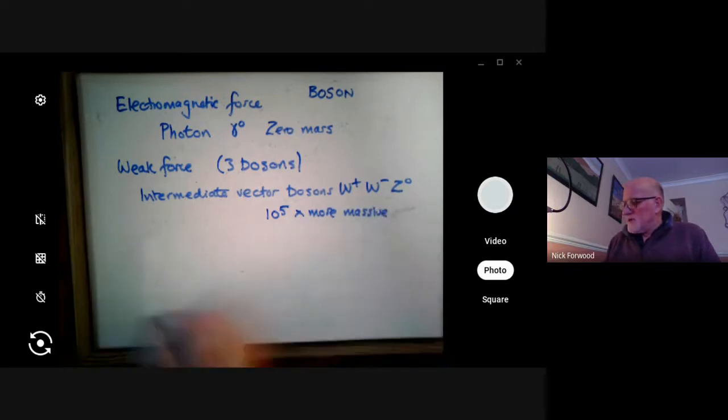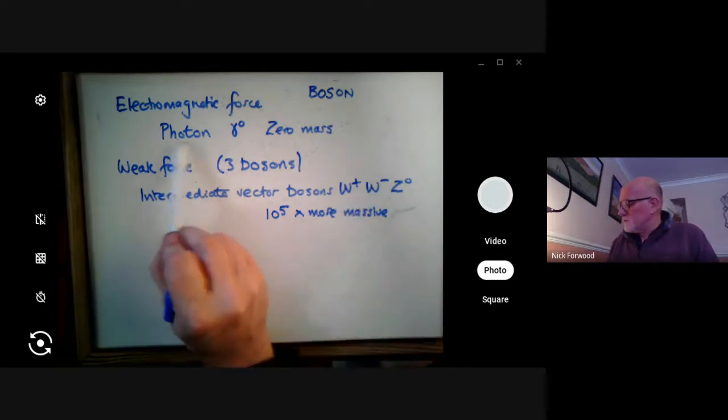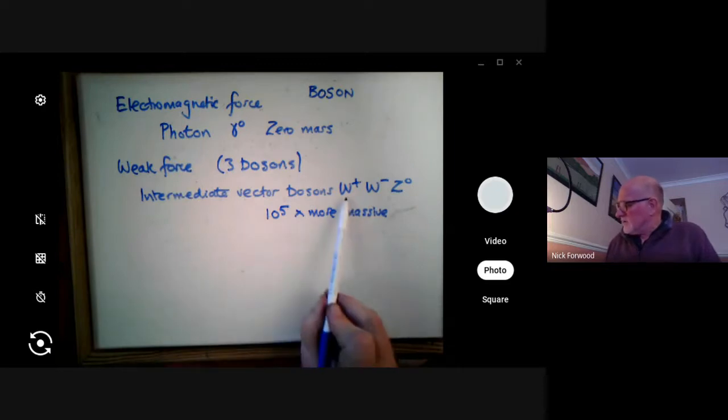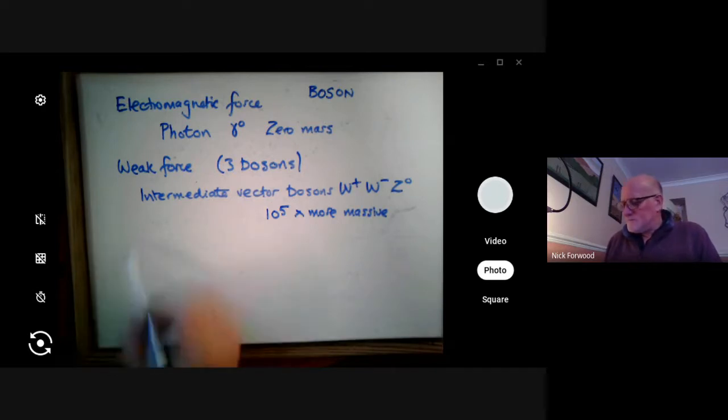So I'm not going to write the names here, but the names are W plus, W minus, and Z. Just call it Z. Those are the names, and those are the symbols. You wouldn't write out W plus, you just write W with a plus sign like that. You can write out the word photon, but there is no word for W plus, nor W minus, nor the Z boson. Okay, move on. Strong force.